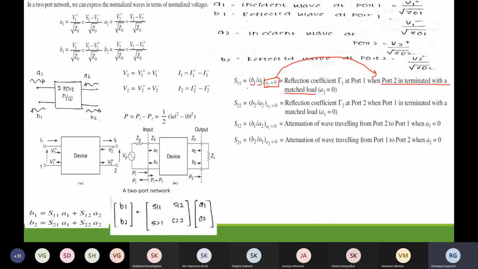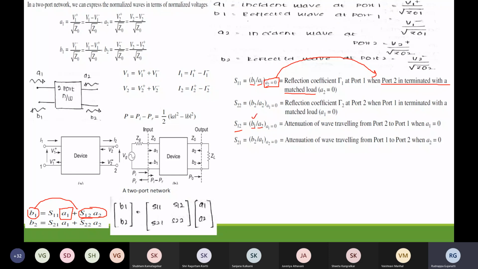Now here, if you observe the next parameter, say I want to estimate S12. Then I make A1 equal to 0. In that case, B1 is equal to S12 into A2. Therefore S12 is equal to B1 divided by A2. What is B1?